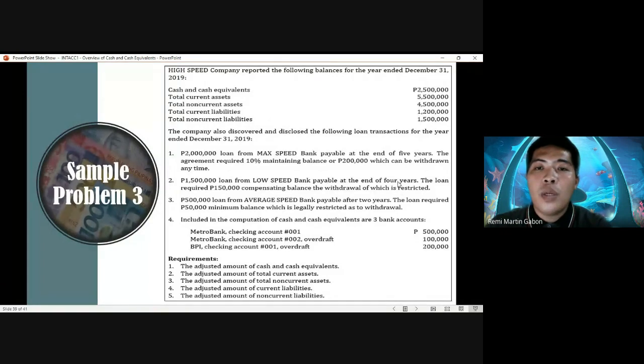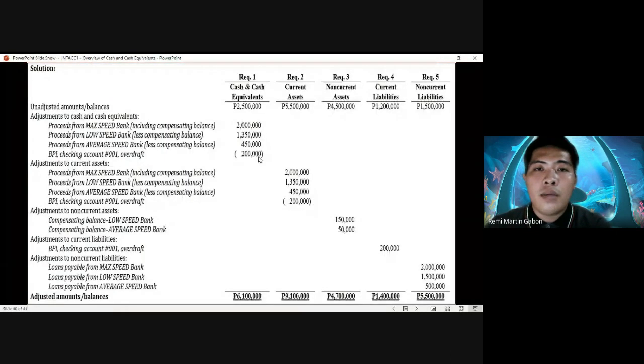So long-term yung loan, legally restricted pa, non-current asset si compensating balance. So yung 1,350,000, yan lang yung part ng cash. At yan lang din yung part ng current assets out of the 1,500,000. The 150,000 nandito sa non-current asset.